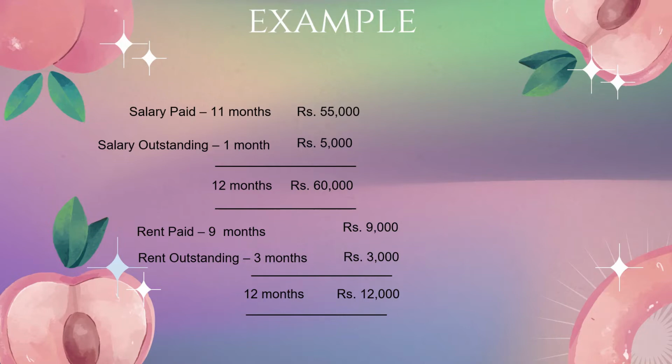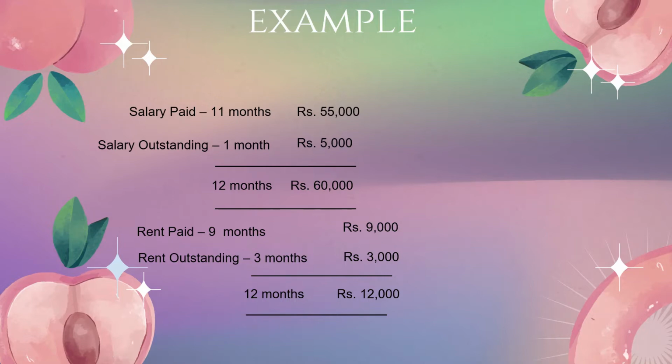In the same way, rent paid. For this year we have paid only for 9 months, but we have to show 12 months because final accounts is prepared for a period of 12 months. Here we have paid only 9 months. Actually, we are using the space, so we need to pay it, but we have not yet paid.